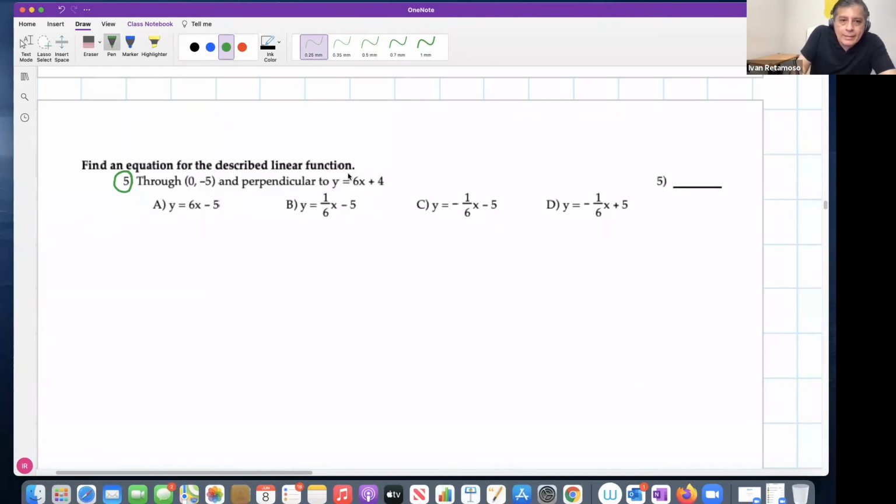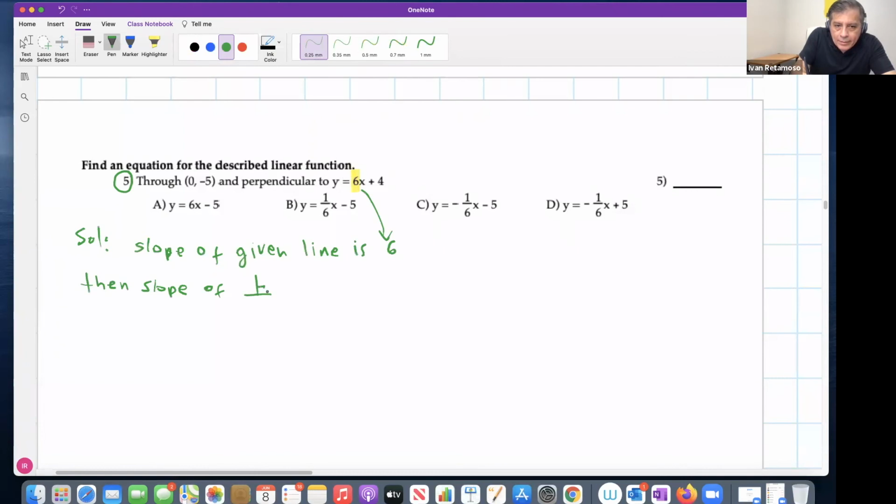Here we see that we are looking for a line which is perpendicular to this, right? So you start by saying, okay, the slope of the given line is this guy, 6, right? 6. Therefore, the slope of the perpendicular line is what?